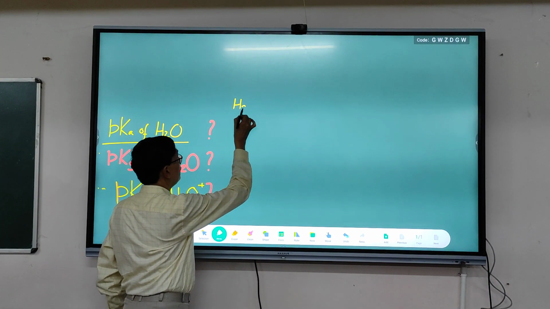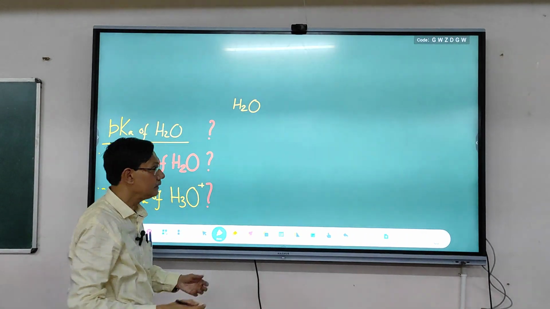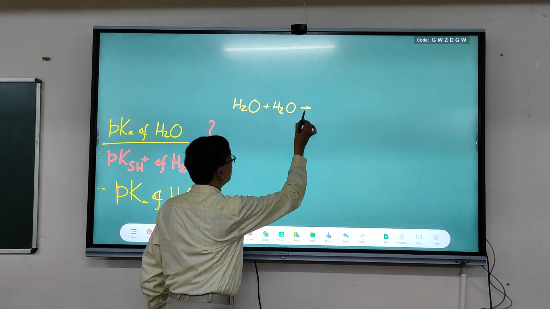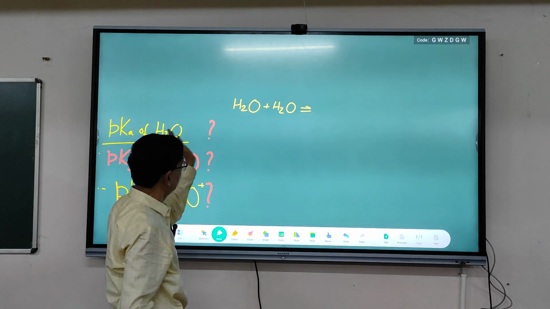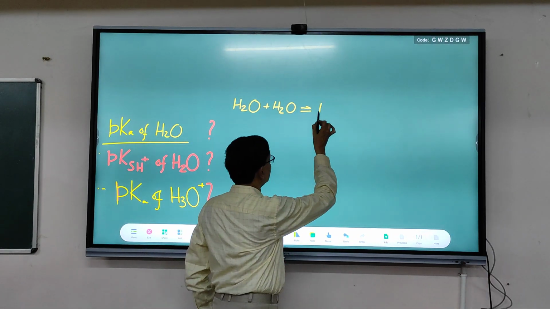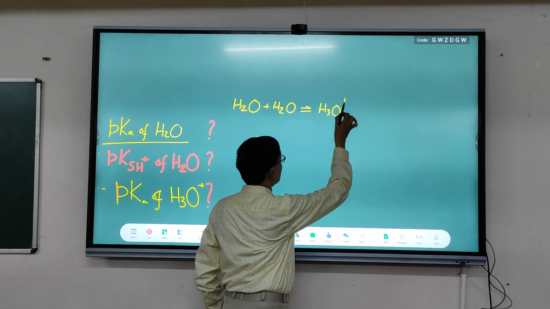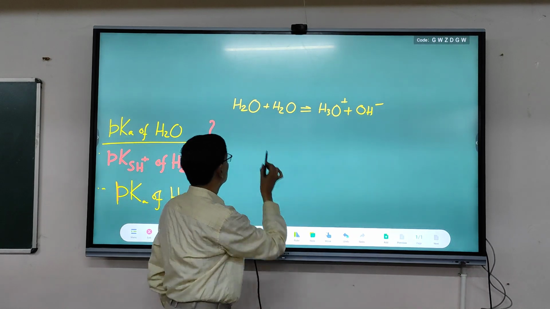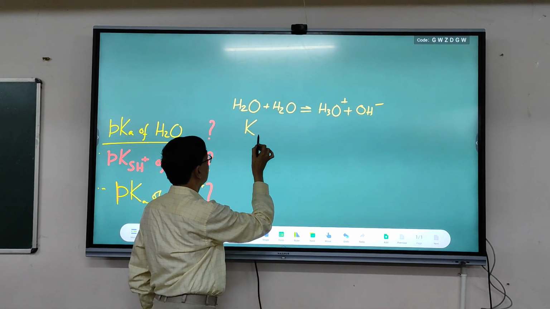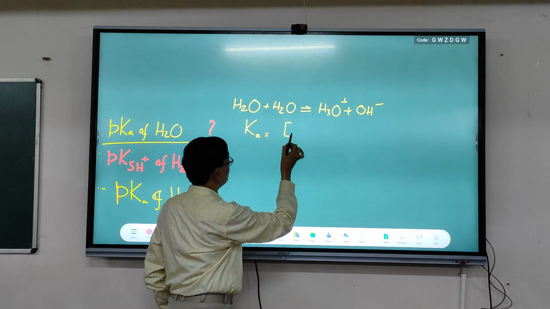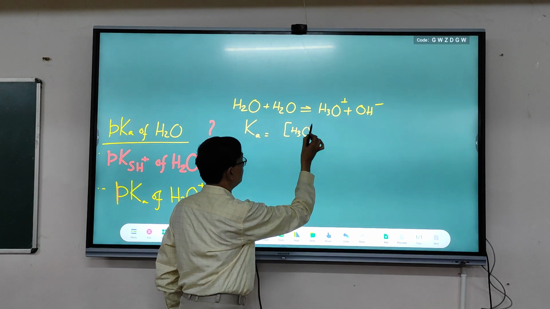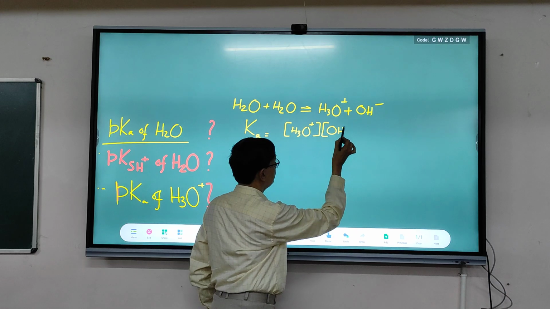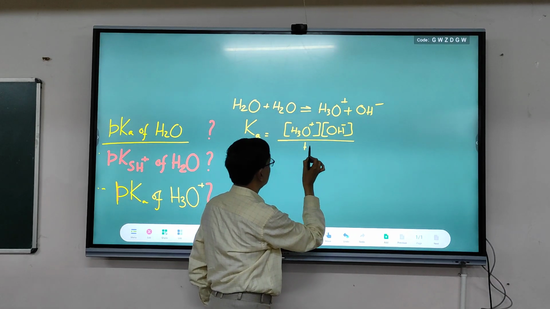First, generally we take simple H2O, because it is an amphoteric type of thing, reacting with H2O. So it is just pK because one proton is donated, giving OH negative. So Ka is equal to, very simple, H3O plus times OH negative, divided by the molar concentration of water.